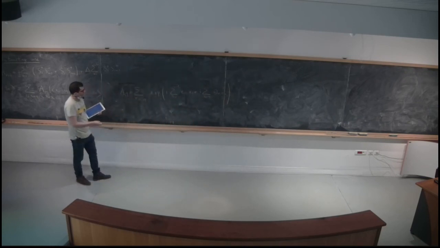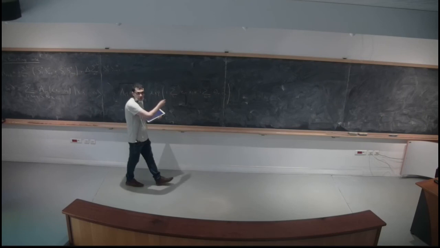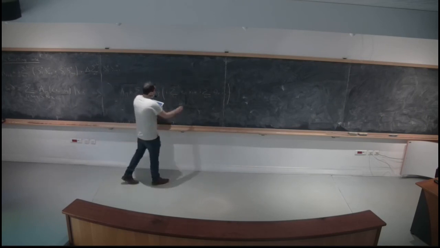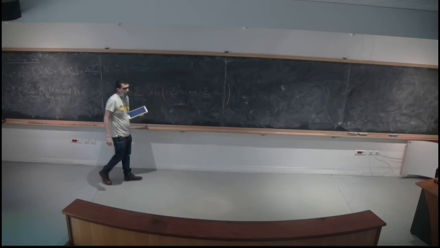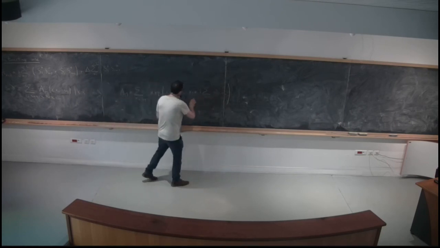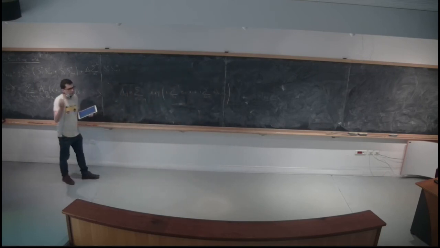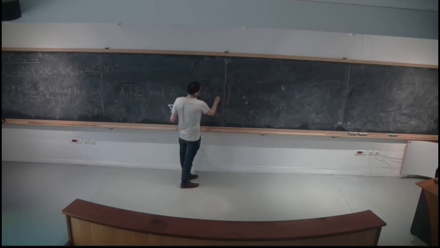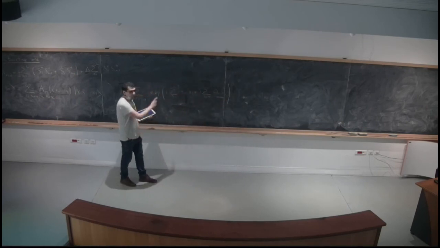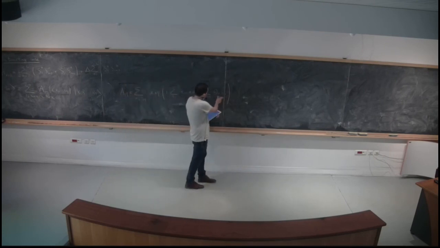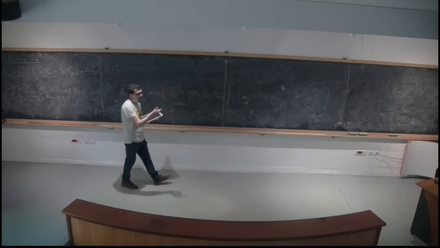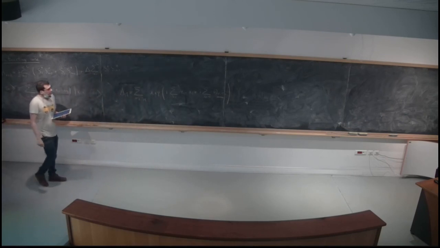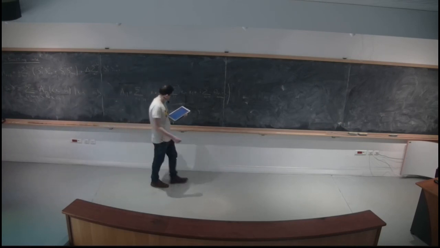The sum is over the permutations of the labels i, the M labels of the particles. And then you have this term here. If you forget about it, this is just like for free particles. But you have this term, which depends on the momenta, and it encodes information about the scattering between the different particles. So this is an ansatz.